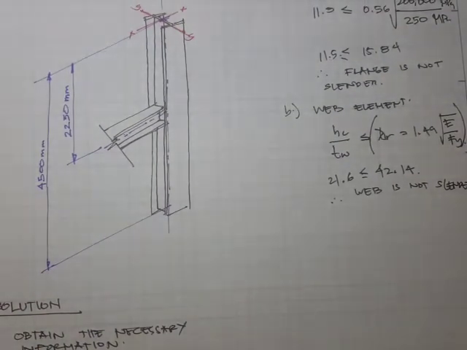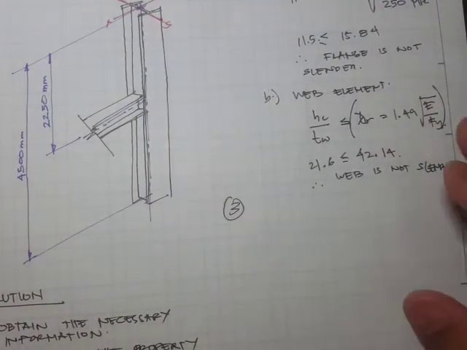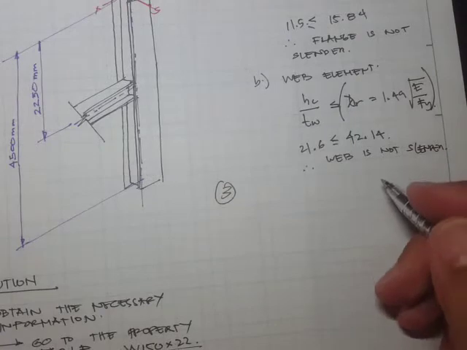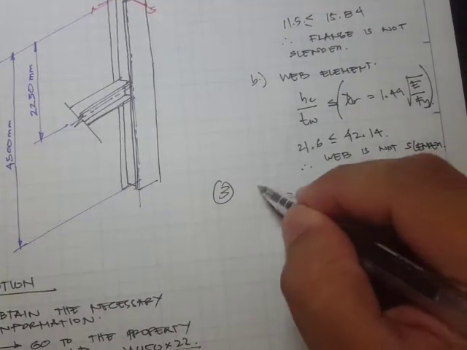The next step would be to determine the governing slenderness ratio.